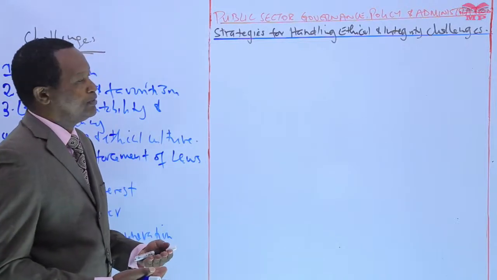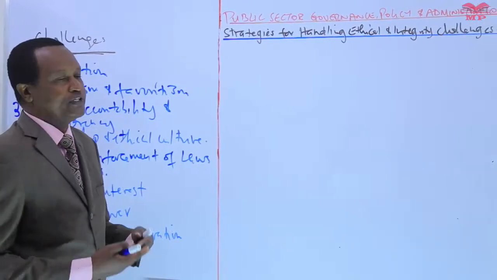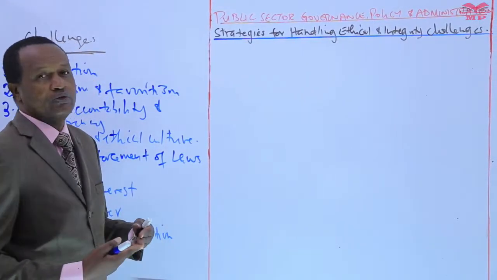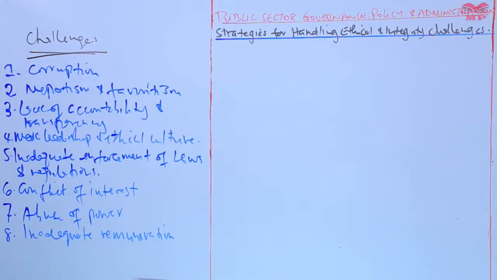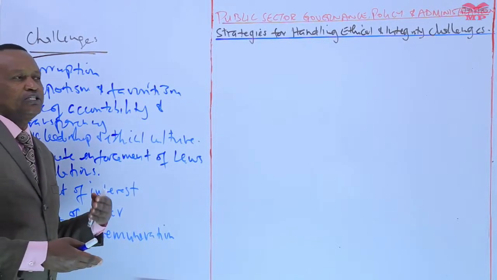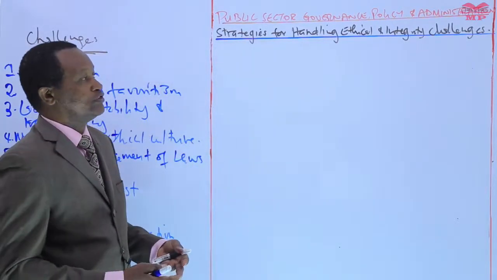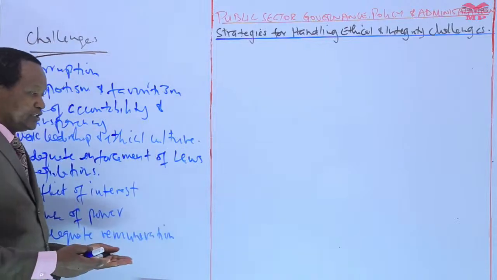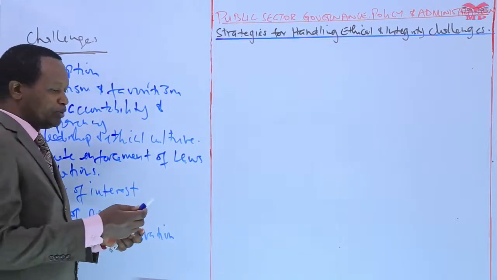Now, candidates, the public sector in Kenya, just like many others worldwide, faces numerous ethical and integrity challenges, which you have highlighted here. And these challenges hinder the efficient and effective delivery of public services. These challenges erode public trust. These challenges undermine the overall development agenda. And to address these challenges, there are various strategies that can be employed.